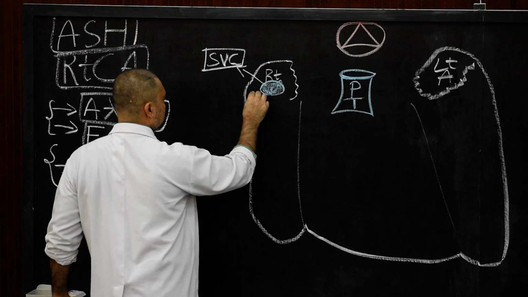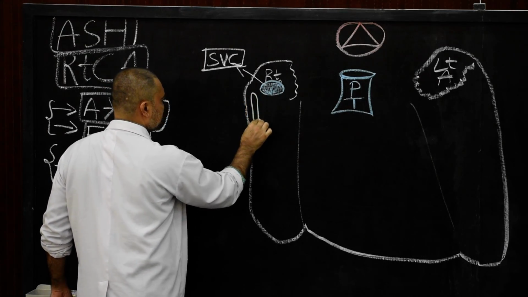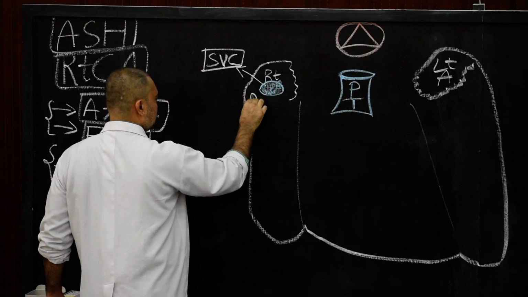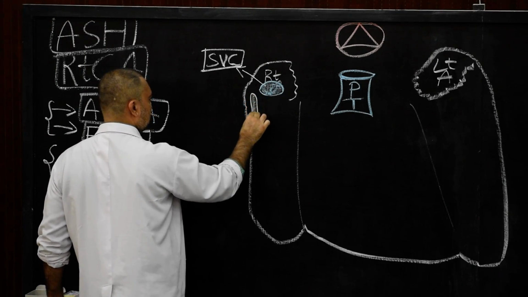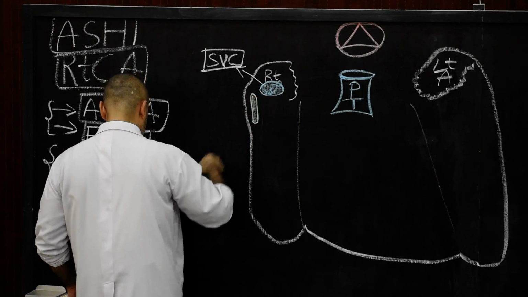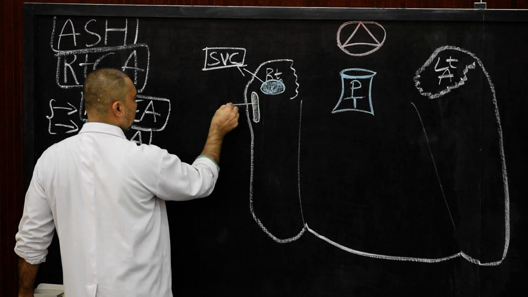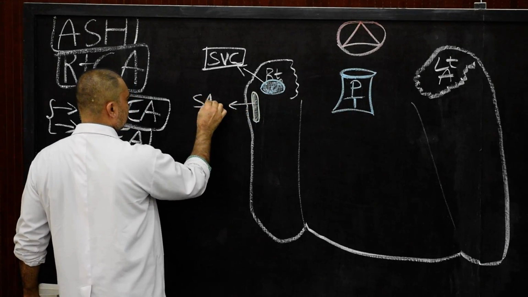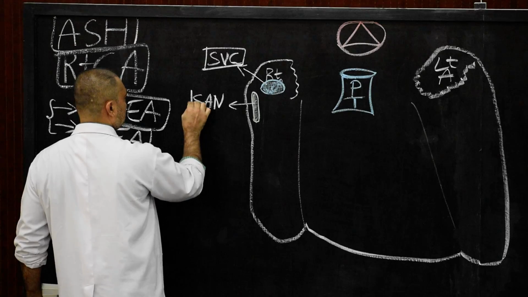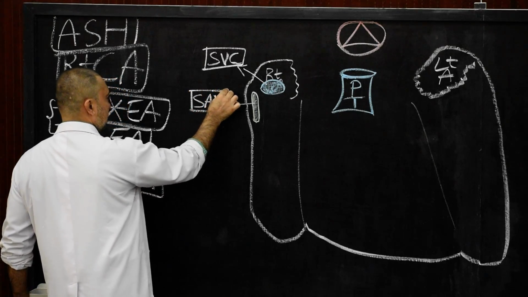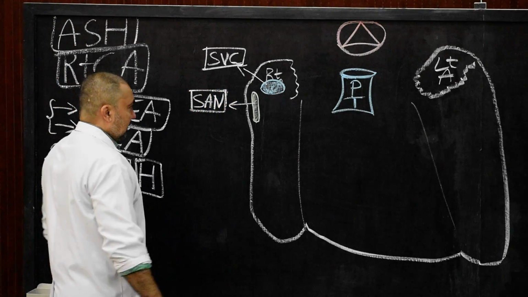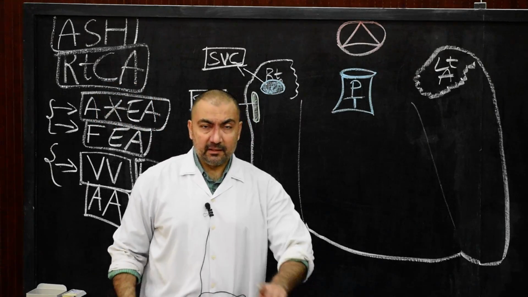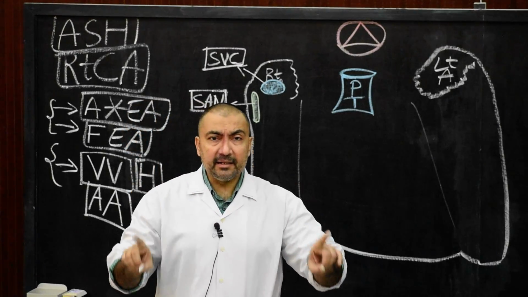So here we are going to draw this entire sino-atrial node. And we are going to mark this as SA node. Rough diagram, a very simple line diagram.